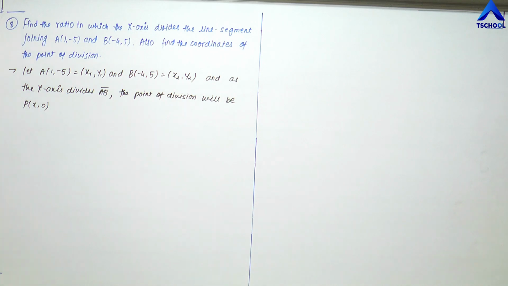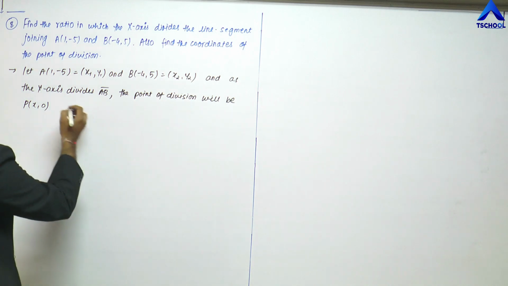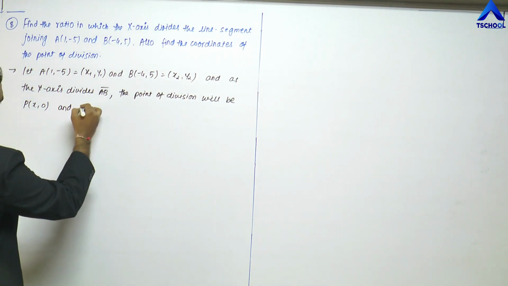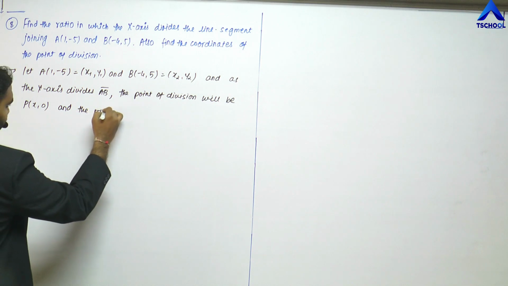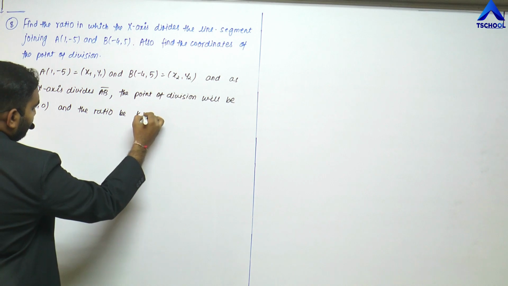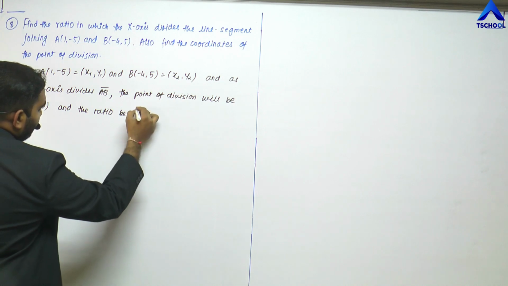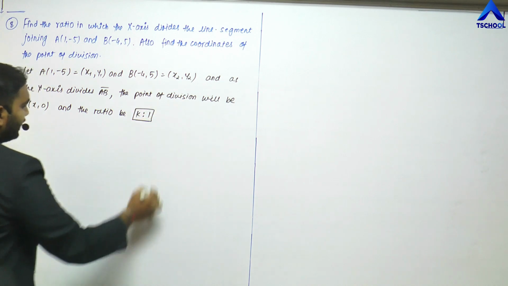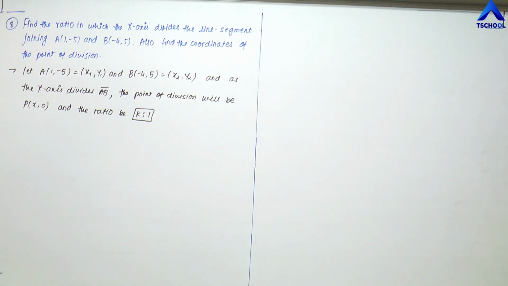Any point lying on the x-axis will have its y coordinate 0, so the y coordinate is taken 0 here, and the ratio be k is to 1, right? We will take the ratio again as k is to 1.